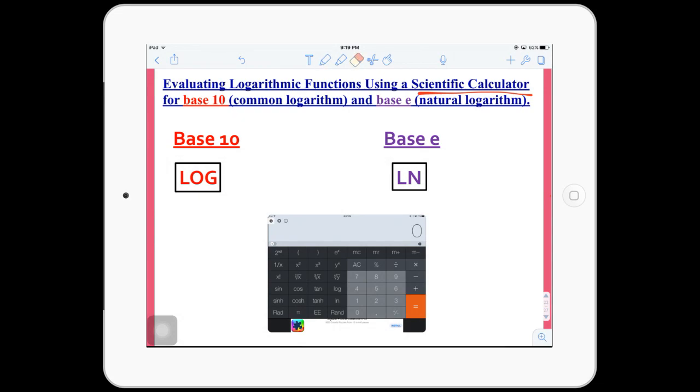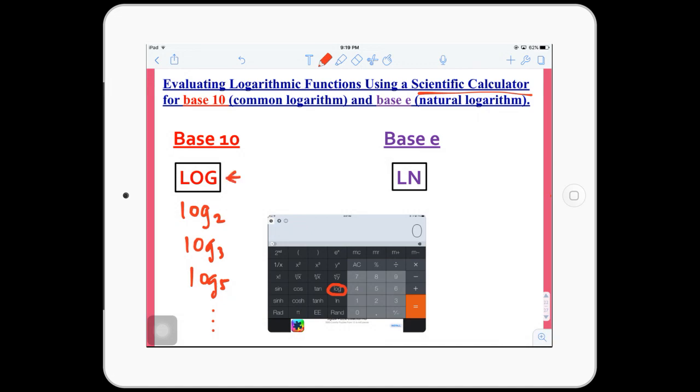In fact, on your calculator, there is only one button that says log, and that is the log base of 10. Now remember, you got all kinds of log. You got log base of 2, log base of 3, log base of 5, etc. You have an infinite number of logs. So there is no way we could fit all of those buttons on the calculator, and so we only have one. So the log is the only one.